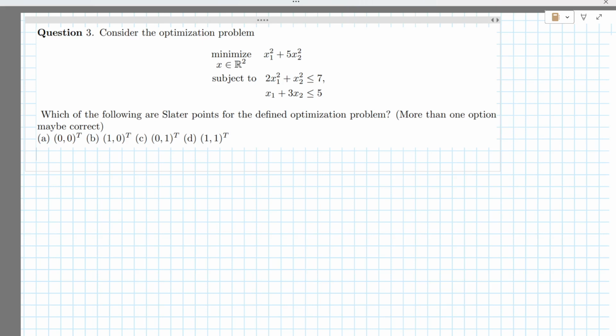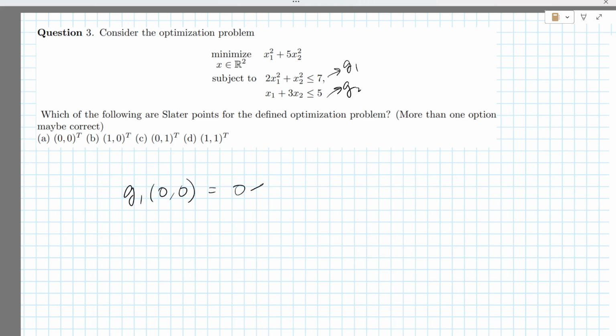So let's call this G1 and G2. G1(0, 0) gives 0, which is less than 7. G2(0, 0) is 0, which is strictly less than 5. So this is a Slater point.